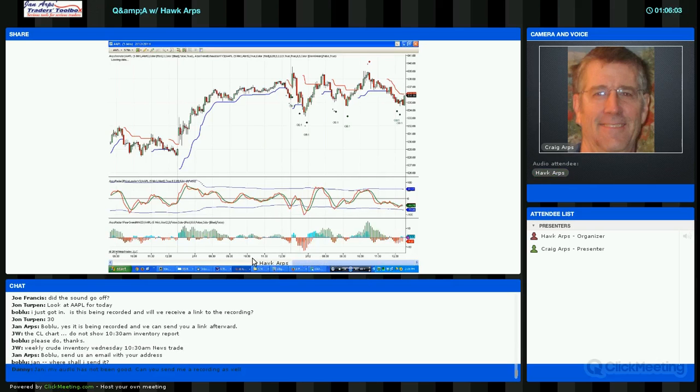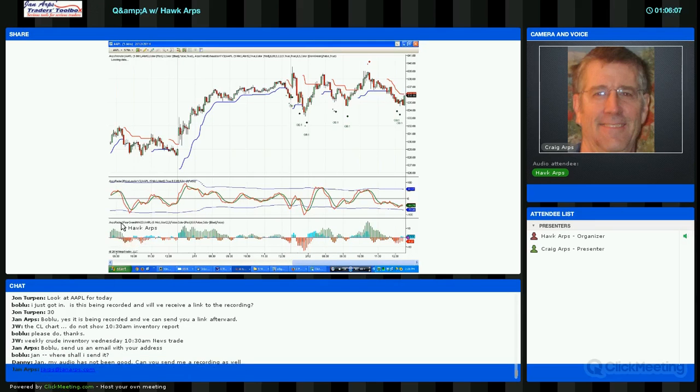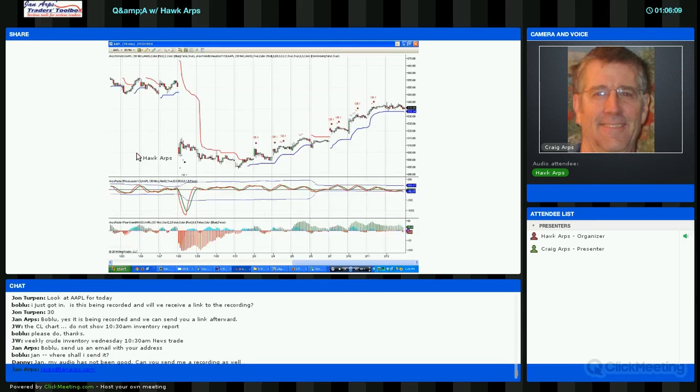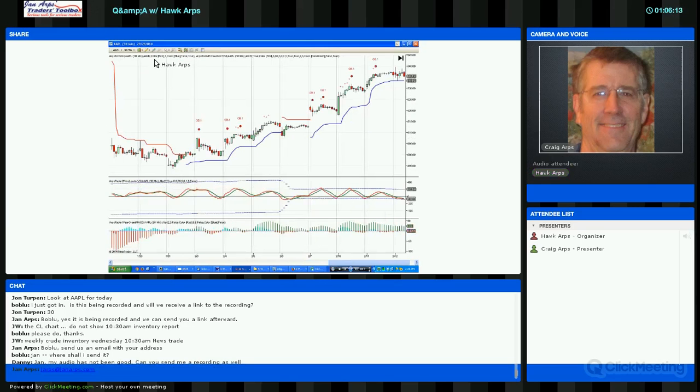Pretty broken up after down. Let's do this and see what happens. You can see here though that as it was consolidating, this is one of my favorite ways of actually using this tool. You see this consolidation area right throughout pretty much here.